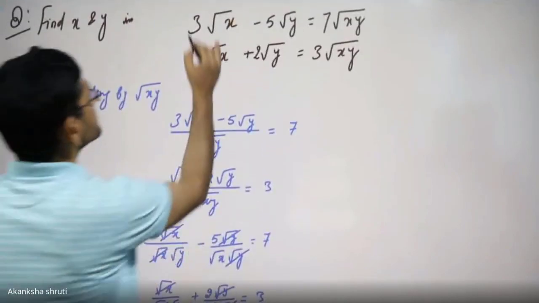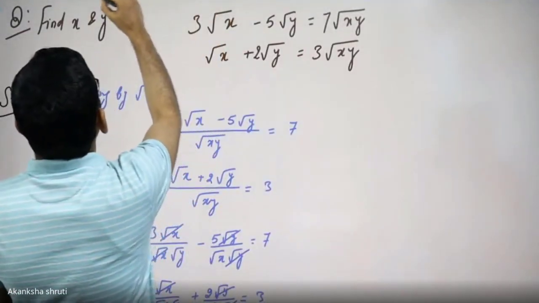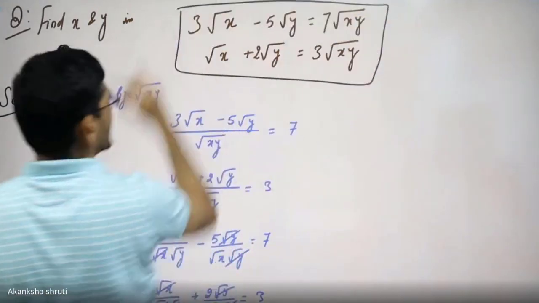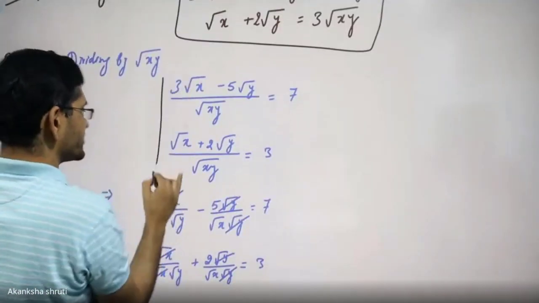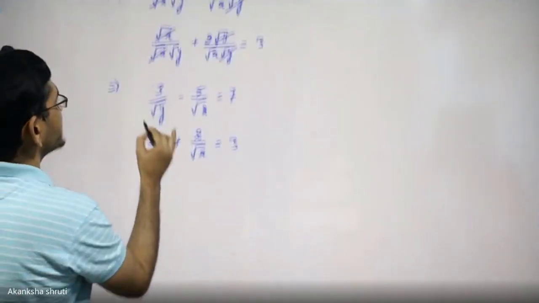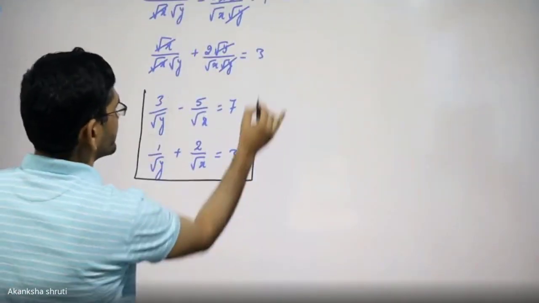So student, question may be given in this form. Keep in mind, question whether given in this form or the question may be given in this form or the question may be directly given in this form.